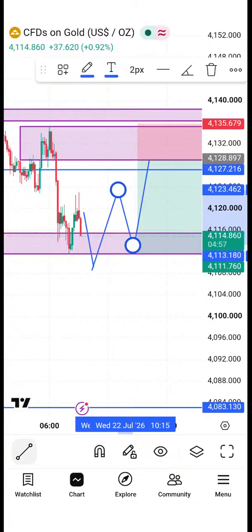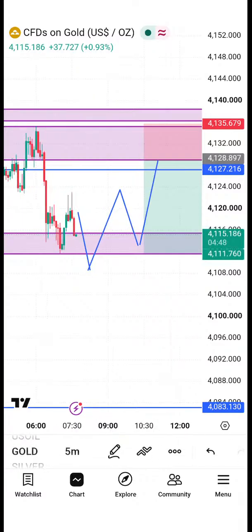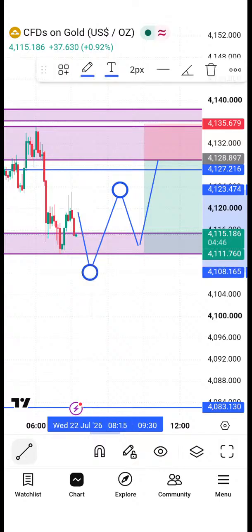You see, now those who bought are running in a loss, because we are still waiting for price to sweep liquidity.